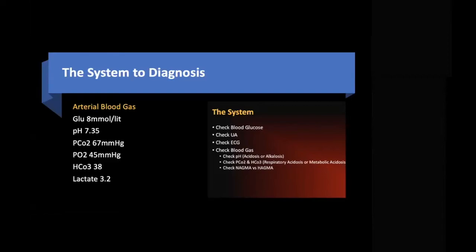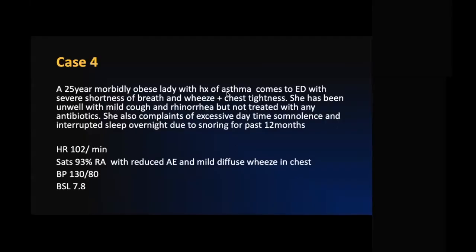Why is that? Type 1 respiratory failure? Yes. So she's got type 1 and type 2 respiratory failure. So what does that mean overall? She's a morbidly obese lady with type 1 and type 2 respiratory failure, and she's got daytime somnolence. What has she got?